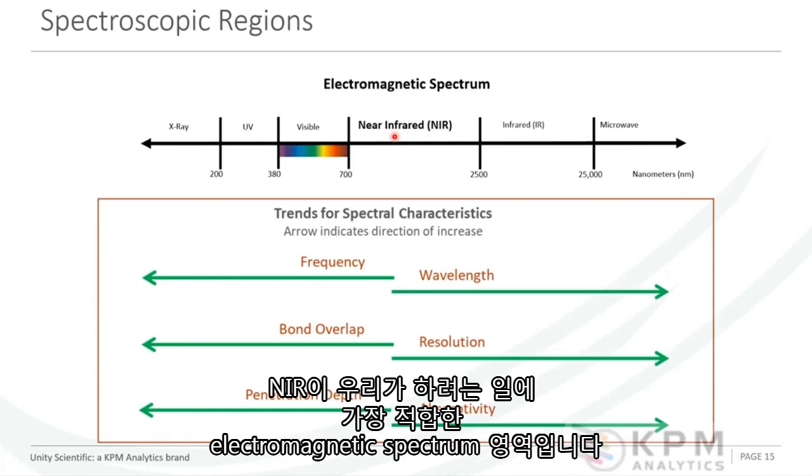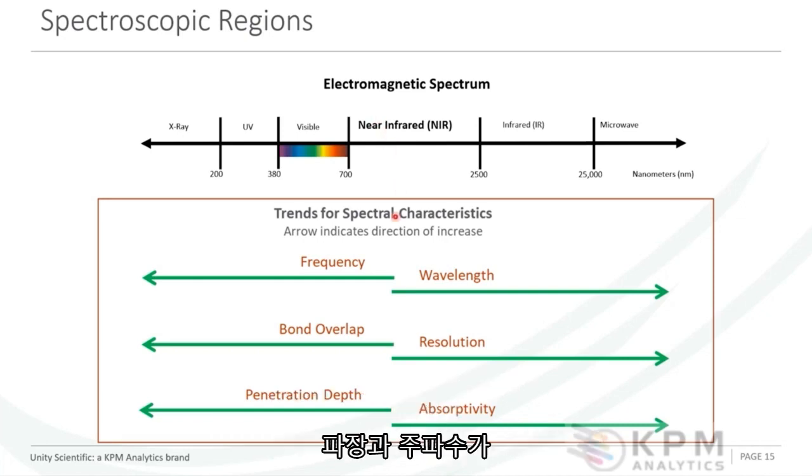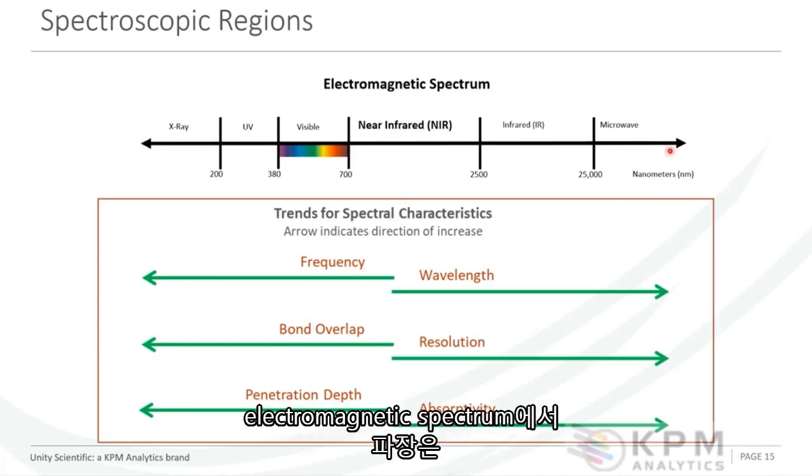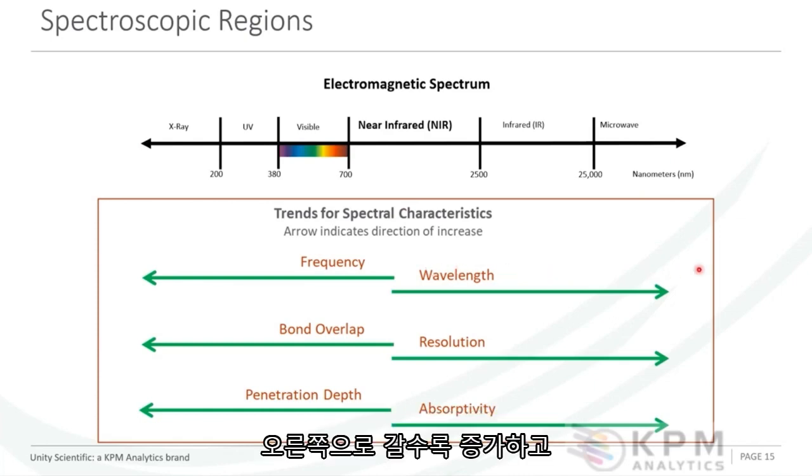It's the best compromise. It's the best region of the electromagnetic spectrum for what we're trying to do. So we know that wavelength and frequency are inversely proportional. So in this graph of the electromagnetic spectrum, wavelength is increasing this way to the right, frequency is increasing to the left.